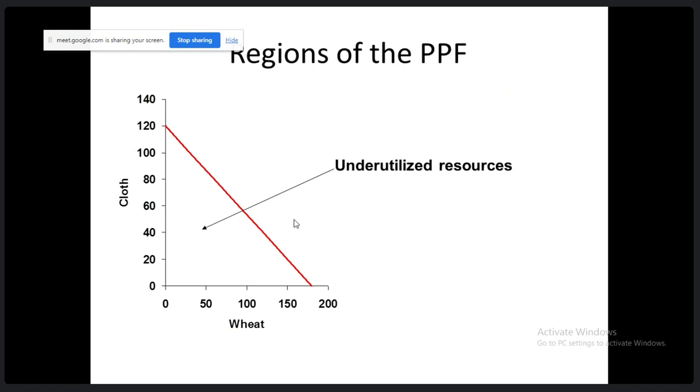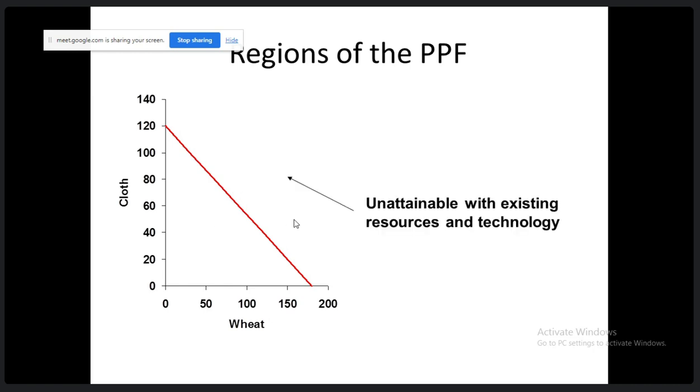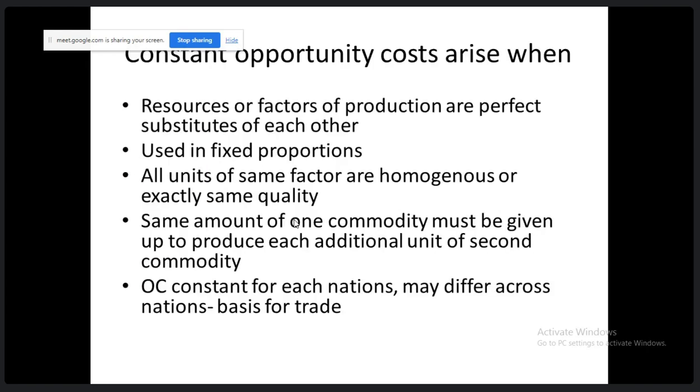If we are below the frontier, we have underutilized resources, and if we are above the frontier, it is not achievable. So, on the line, efficient; below the line, underutilization; and above the line, unachievable. Okay.